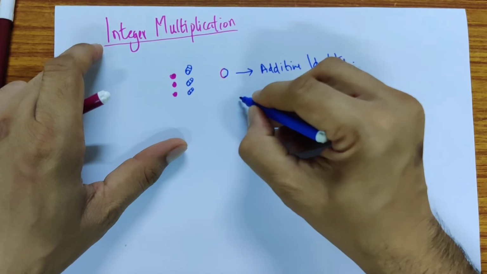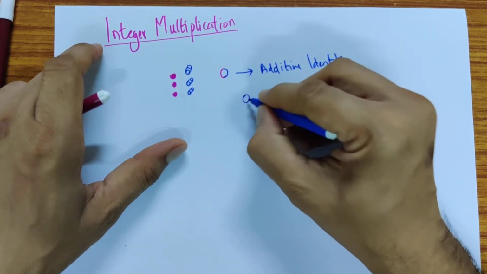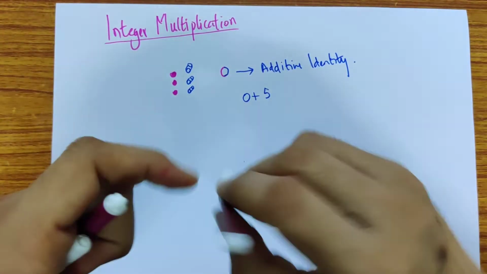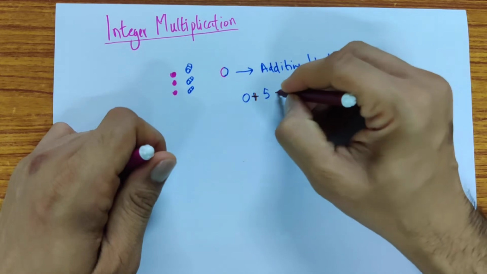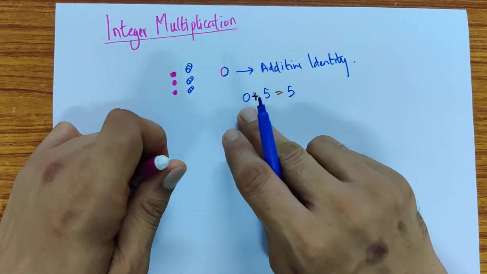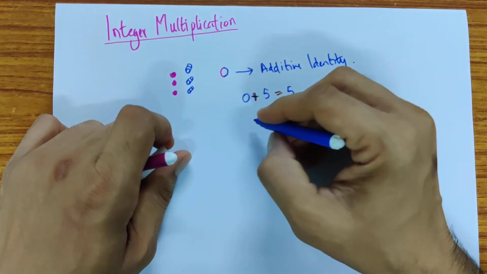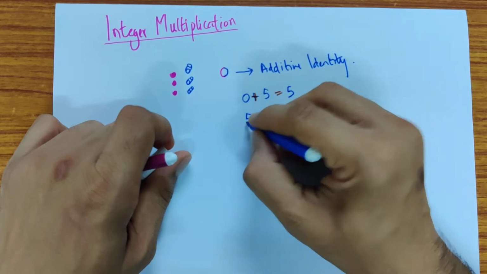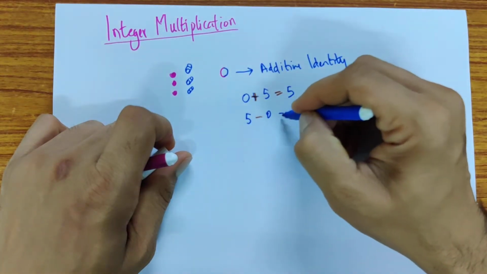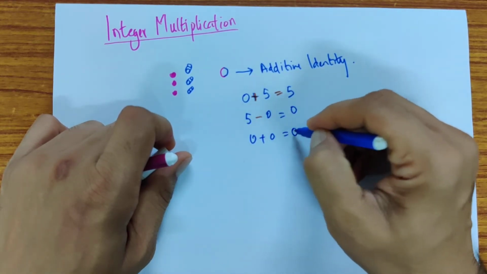Which means if I have 0, I'm going to just write 0 with a regular color. 0 plus, let's say, 5. The number 0 added to any number does not change the number. 0 removed from any number does not change the number. 0 added to 0 stays 0.